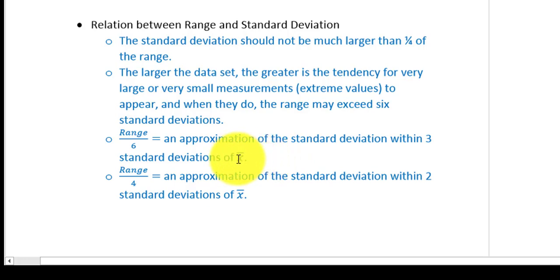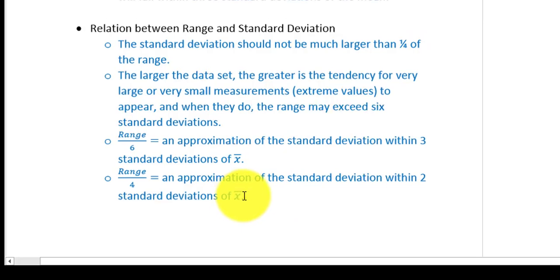That would be the mean for a sample. When we take the range and divide by 4, that represents 2 standard deviations to the left of the mean as well as 2 standard deviations to the right. That makes 4 total deviations. So that will approximate the standard deviation within 2 standard deviations of x bar, which is our sample mean.